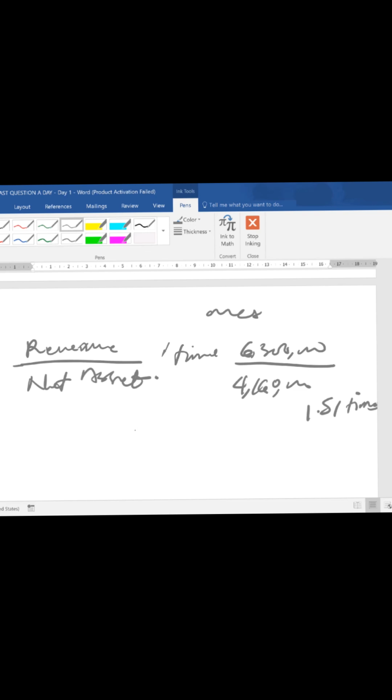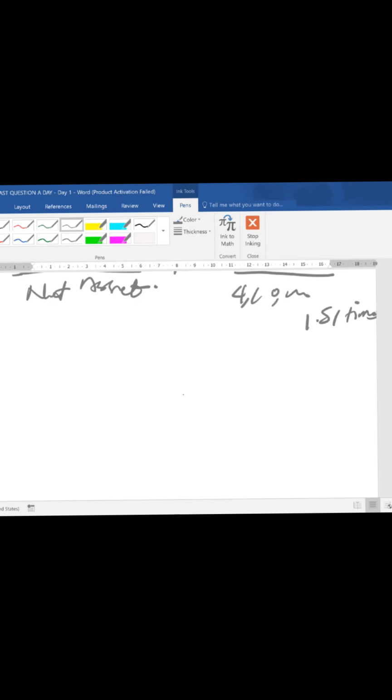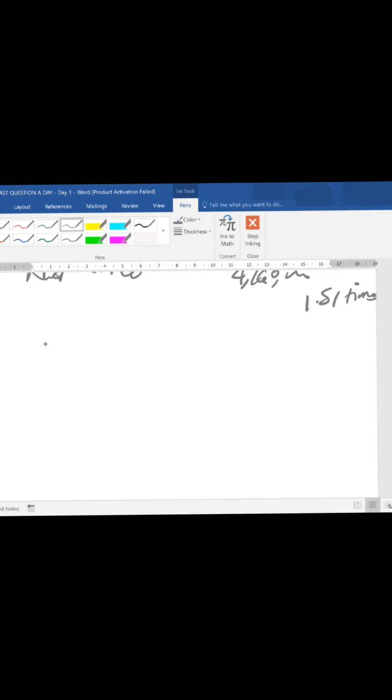Then we move on to the next one. That is our debt to equity ratio. And I think this is a bit straightforward. So we mean our debt over equity times 100. And when we say debt, we mean our long-term debt.